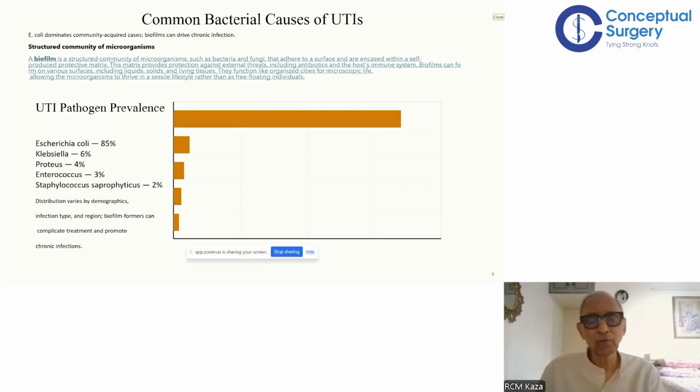And for us, the common experience in surgical wards is when the patient is catheterized and the patient has associated infection, catheter associated infection. Quite often, we find that the bladder urine does become sterile because of our treatment, but within the catheter itself, there are biofilms. And they function like organized cities for microscopic life.